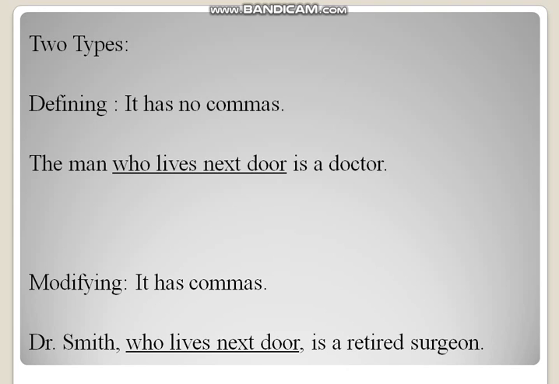Here they are just modifying Dr. Smith, that is, Dr. Smith who lives next door. So that's why we have a comma at the start and at the end of this adjective clause: these commas show that if it is omitted, the meaning of the sentence would still be clear. So that's why we call it a modifying adjective clause, because it is further modifying the noun.